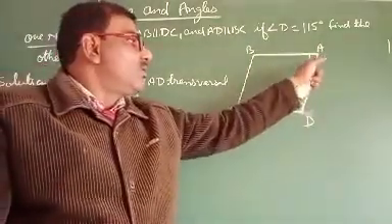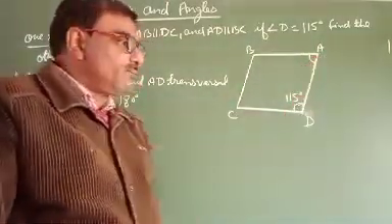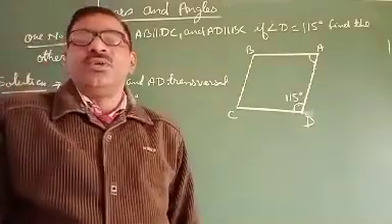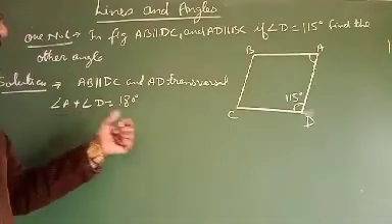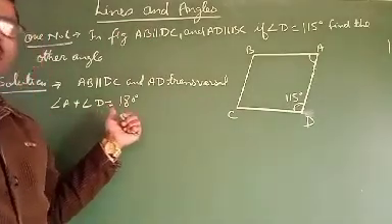Because these two angles are interior angles. We know the sum of two interior angles is 180 degrees. So, the sum of angle A and angle D equals 180 degrees.